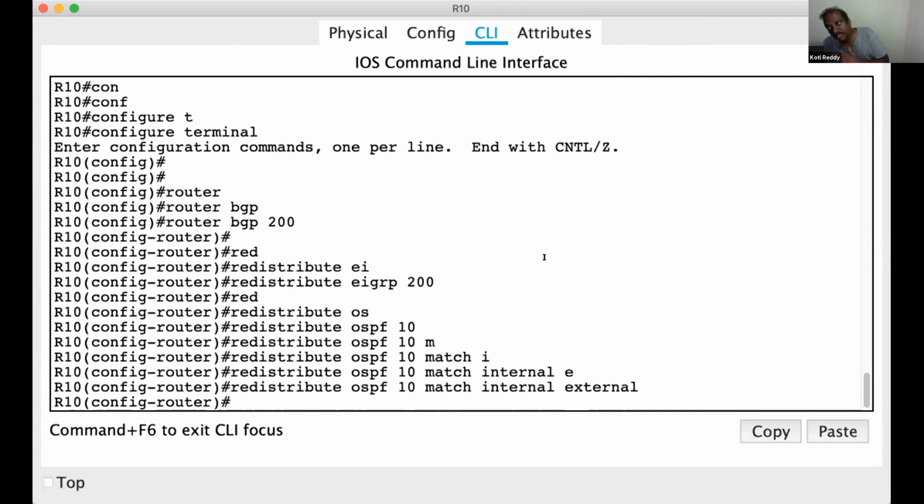For OSPF, we should specifically mention both internal and external OSPF routes sent into what? BGP. Also send EIGRP routes into BGP. So I'm asking router BGP 200 here to redistribute EIGRP 200 routes and OSPF 10 routes, both internal and external routes. These two I'm sending into what? BGP.